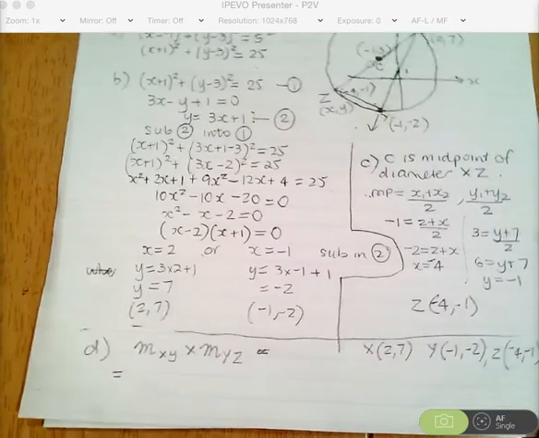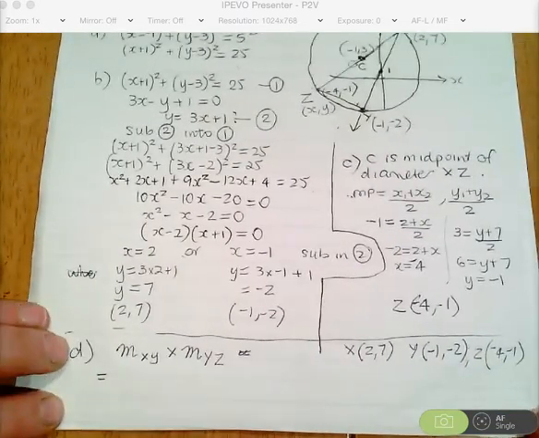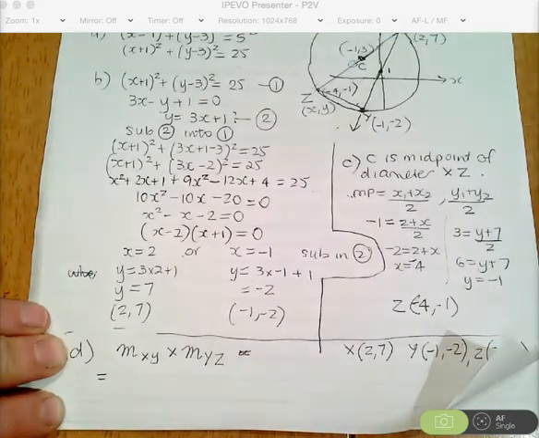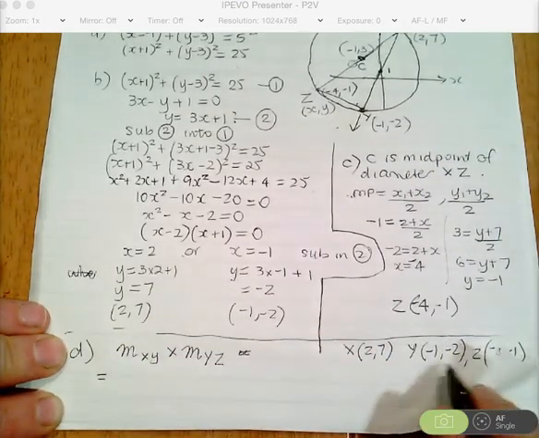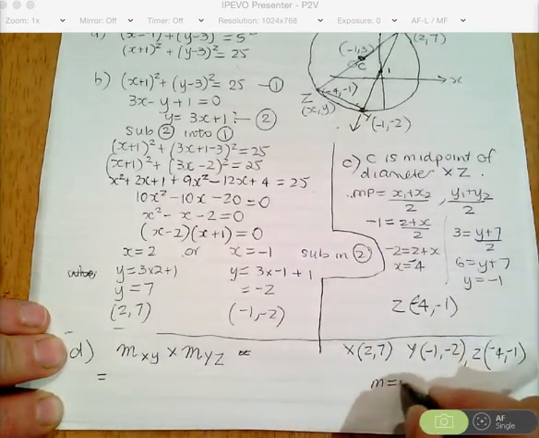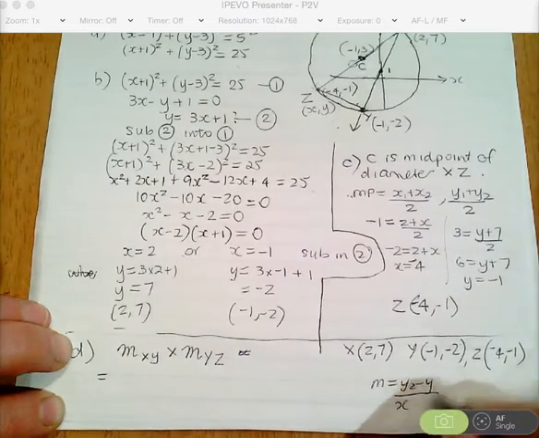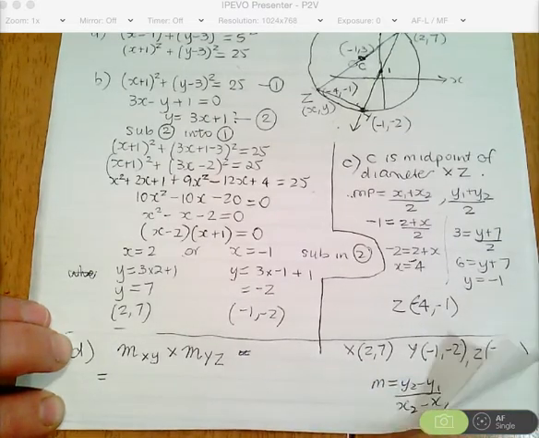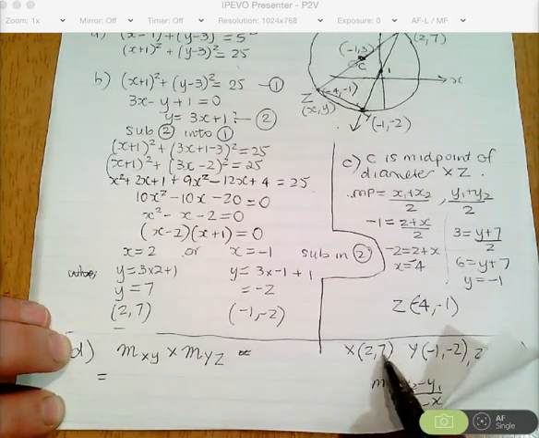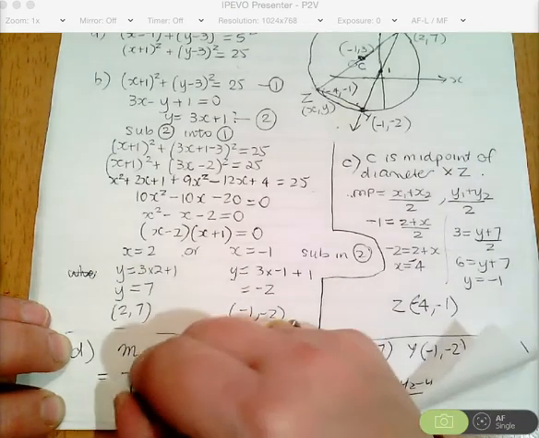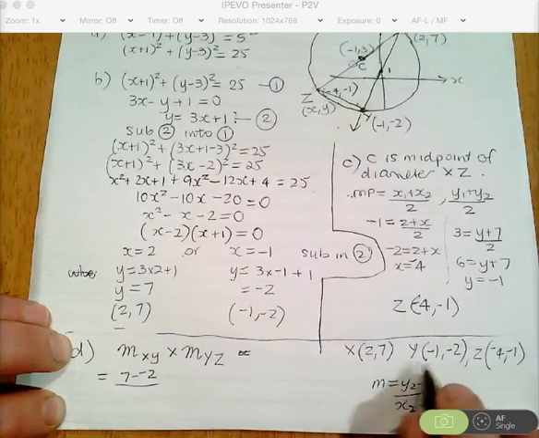So we're going to look at the gradient of XY up here. We know that the gradient formula is y2 minus y1 over x2 minus x1. The gradient of XY will be 7 minus -2 over 2 minus -1.